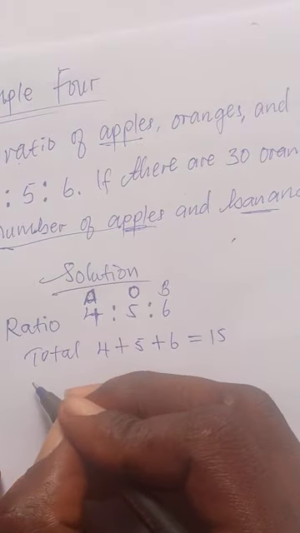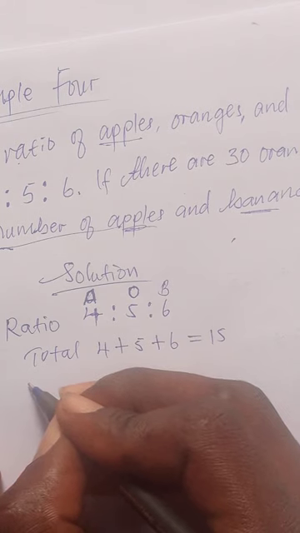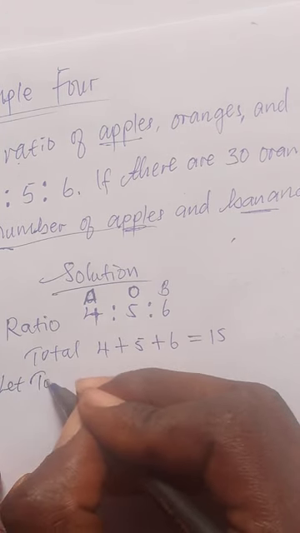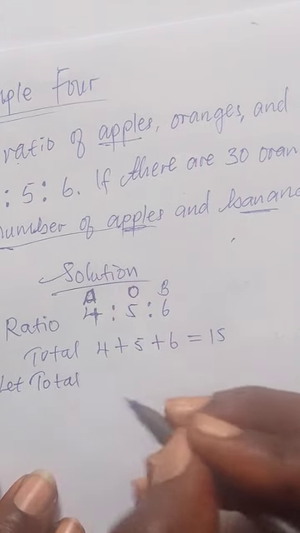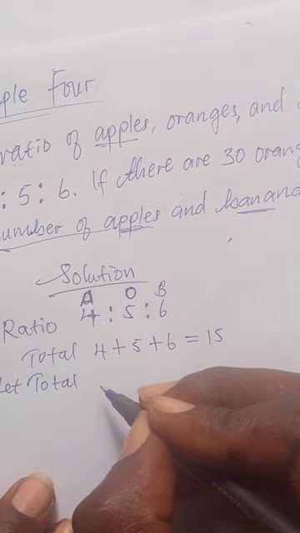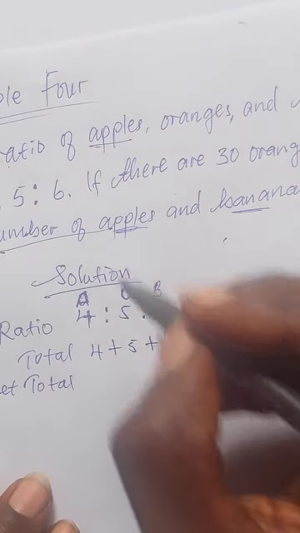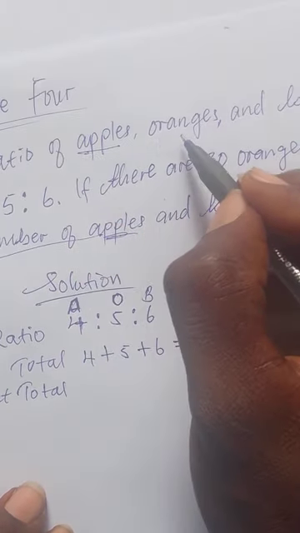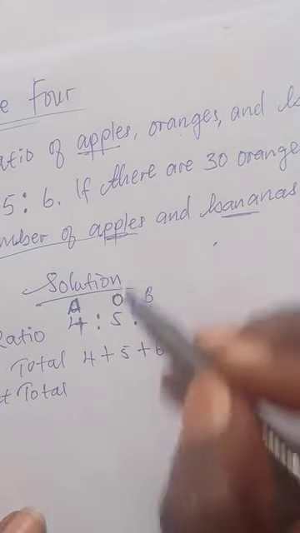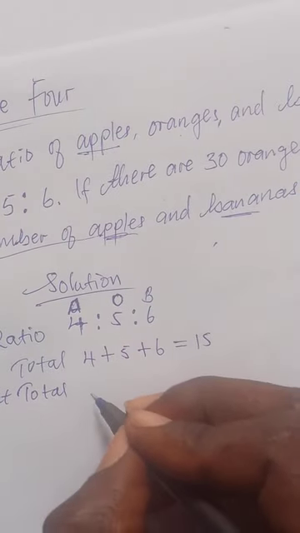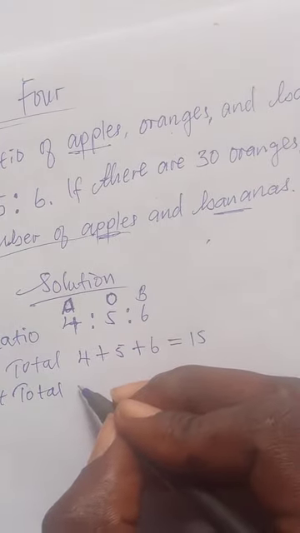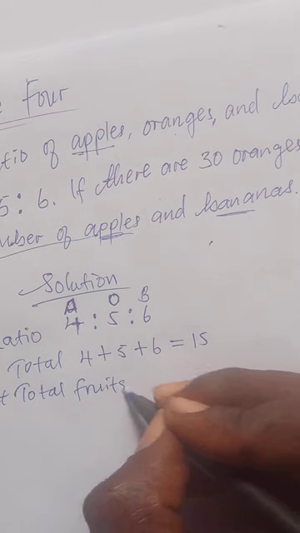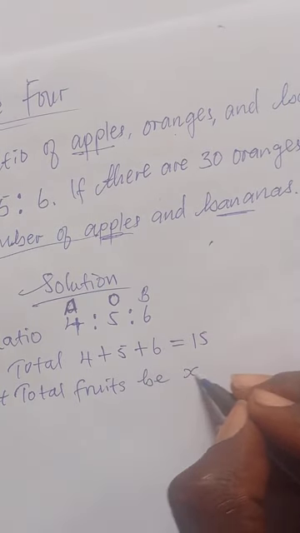So can we also, the question does not give us, you see, can we let the total fruit, that is, when we add apples, oranges, and bananas, the total, let total fruits be x.